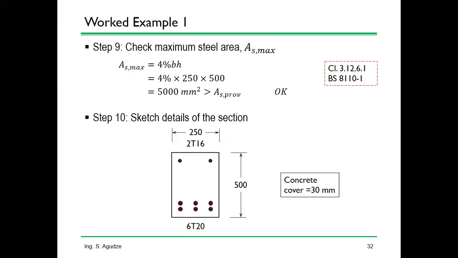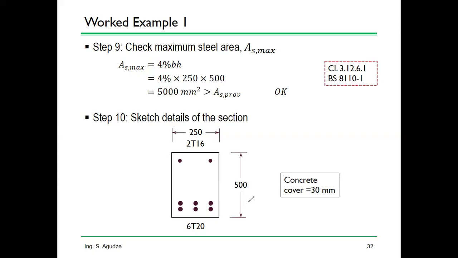After all the calculation, it is very crucial to provide a sketch. In providing the sketch, you are able to indicate the compression steel you provided and the tension steel, the proposed arrangement you have had. Is that okay?